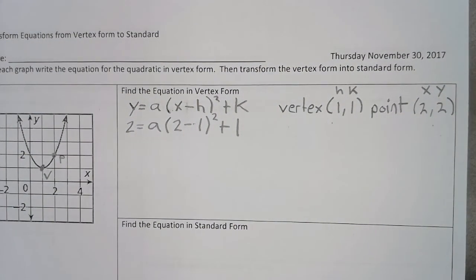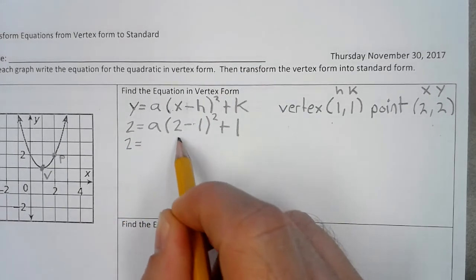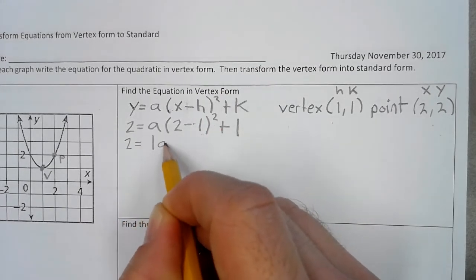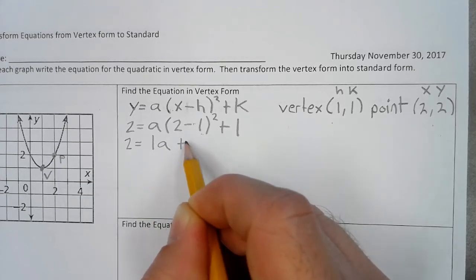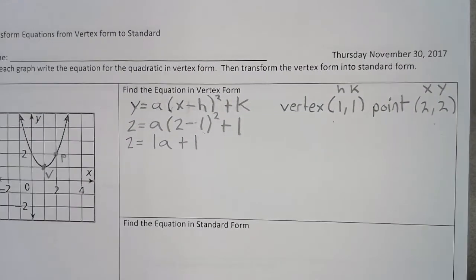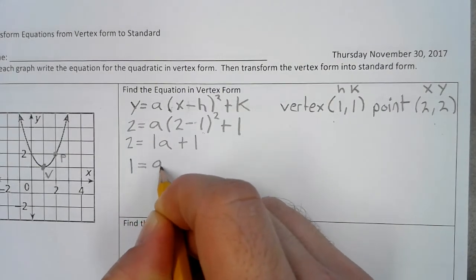Now step 4, solve for a. So 2 equals 2 minus 1 is 1, 1 squared is 1, so that's 1a plus 1. Subtract 1 from both sides, so 1 equals a.